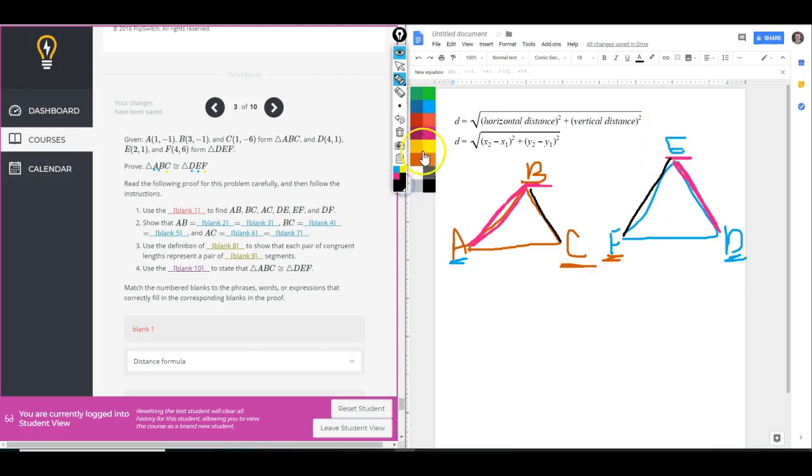And side length C to A is going to correspond to side length D to F. So it's based on how it's listed. And now it's asking us to show the distance of AB. So first let's find the distance of AB.